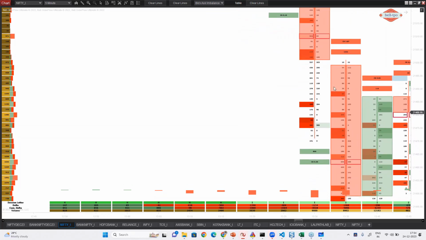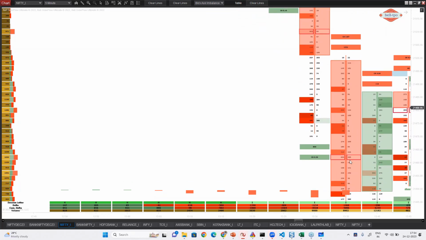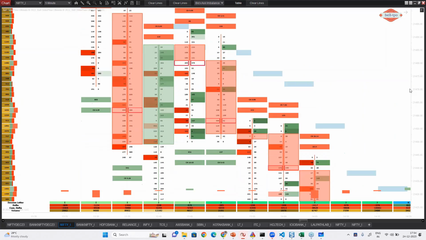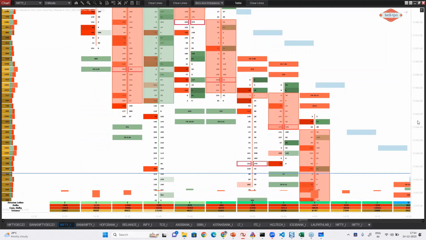Look at the momentum on the left hand side. Strong selling momentum is happening. Delta is minus 1468, and 8904 is what we've been seeing over here. After that, some sort of consolidation. And once again, the market started breaking down with a big delta.